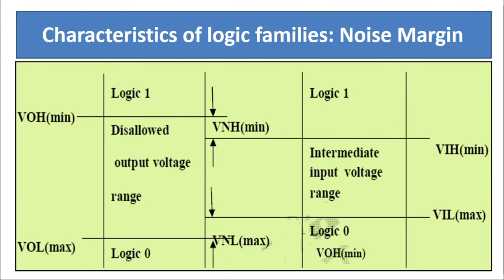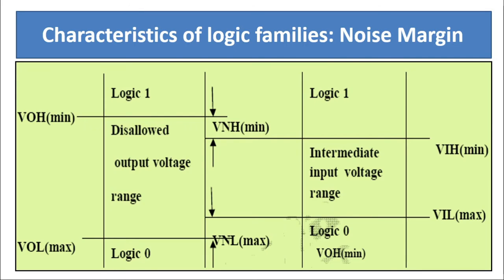On the slide, you can see the value of VOH minimum, that means the minimum output voltage which is referred to as high, that is logic 1, and VOL maximum, the maximum output voltage which is referred to as low, that is logic 0. The range between VOH minimum and VOL max is the disallowed output voltage range. You can see the window between the logic 1 and logic 0 of output, which corresponds to the logic 1 and logic 0 of input.